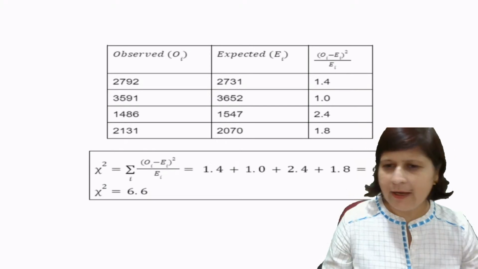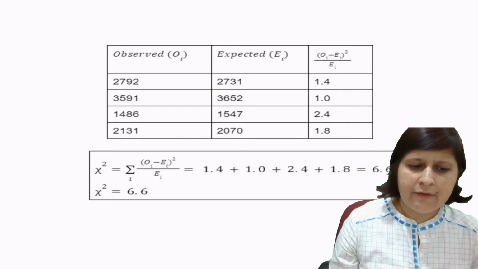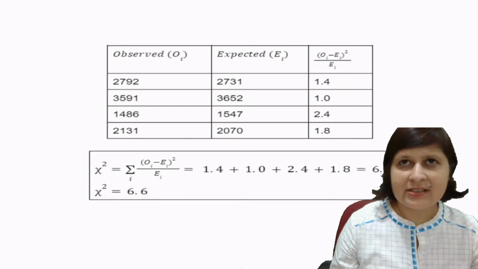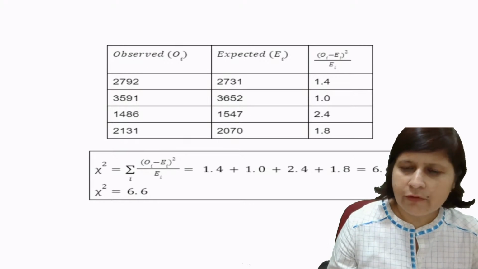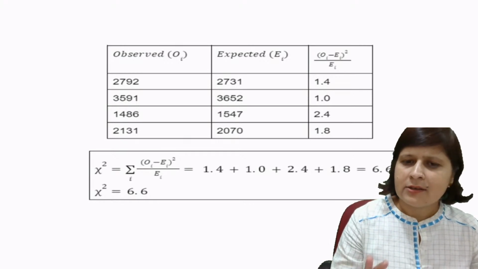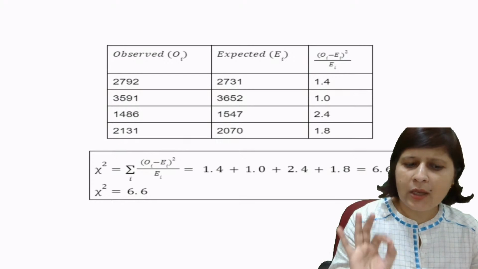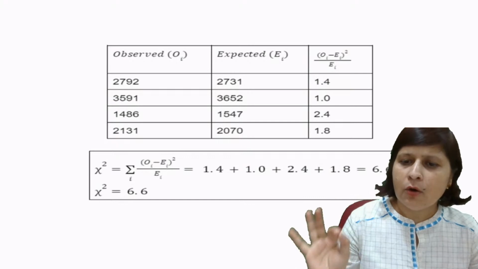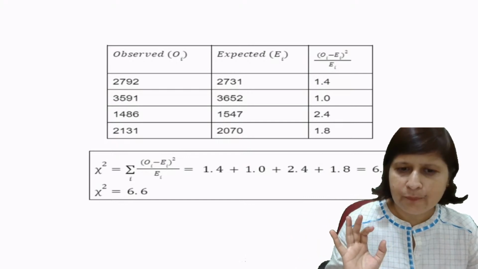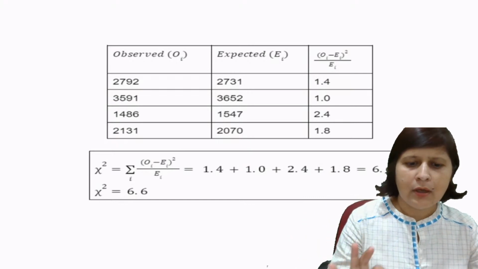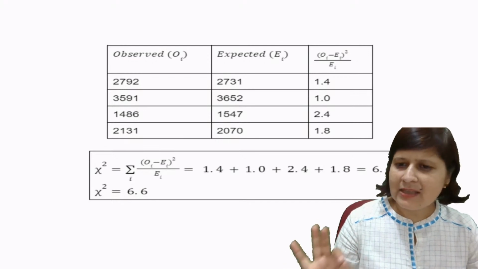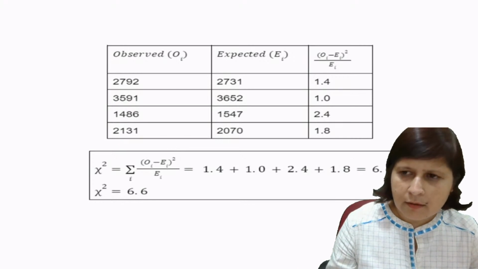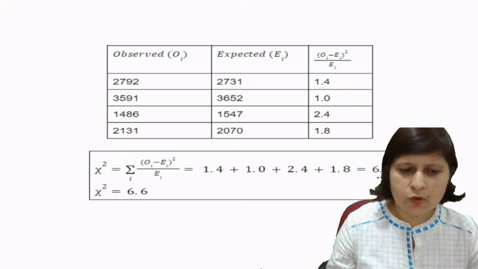Now I have calculated the value of chi-square and that comes out to be 6.6. I applied the formula of chi-square: summation of i equals 1 to k, (Oi minus Ei) whole square divided by Ei, the expected value, right? So 1.4 plus, and so on, after this I calculated the value of chi-square, which comes out to be 6.6.